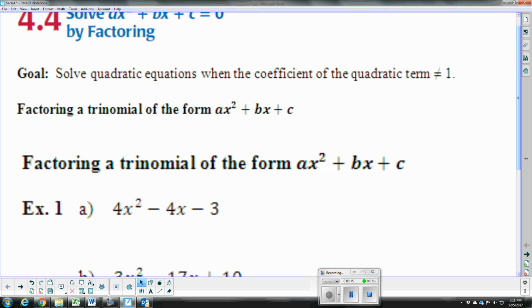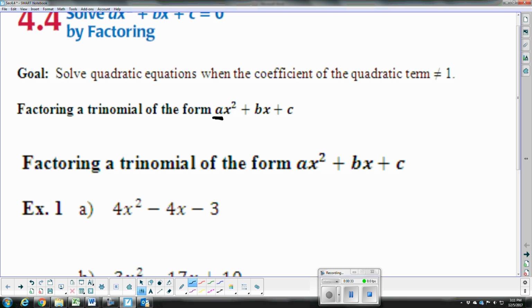But this is solving quadratic equations by factoring. Now, if you remember from last lesson 4.3, we solved a trinomial by factoring, but this a term here was always 1.